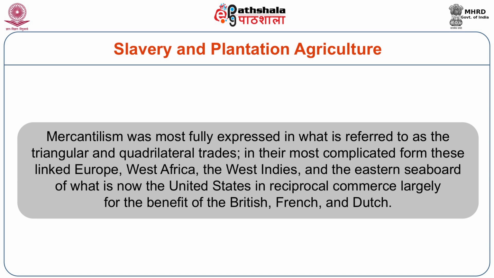Mercantilism was most fully expressed in what is referred to as the triangular and quadrilateral trades. In their most complicated form, these linked Europe, West Africa, and North and South America, and the eastern seaboard of what is now the United States in reciprocal commerce, largely for the benefit of the British, French, and the Portuguese.